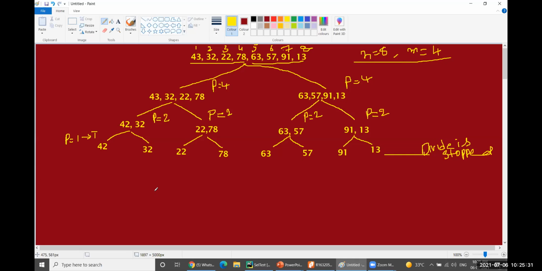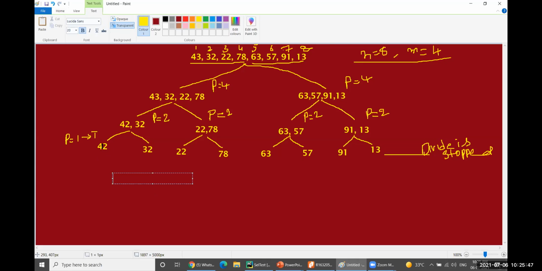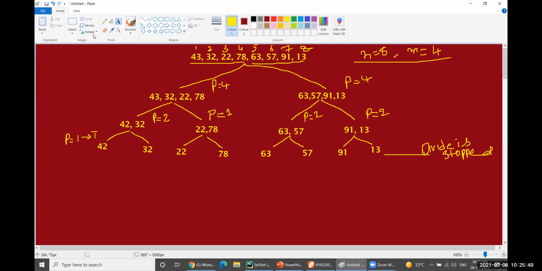Here the combine operation will get started. On combine operation, what exactly could be done? Both sorted lists will be merged together. While merging these two, let me take this as the first one and this as the second one.